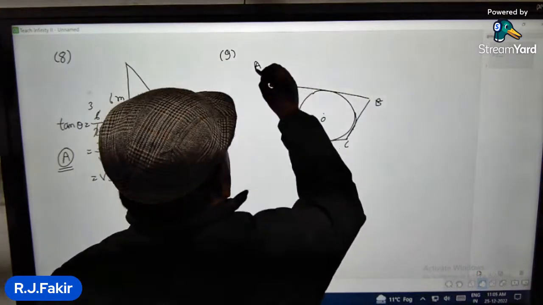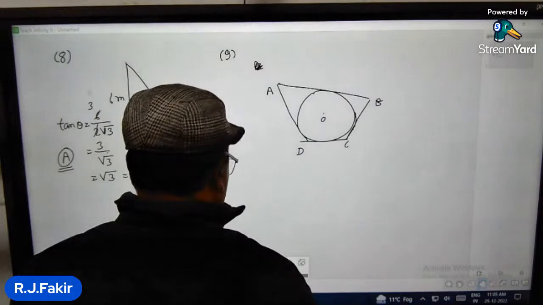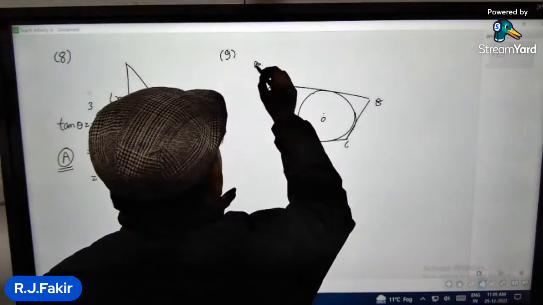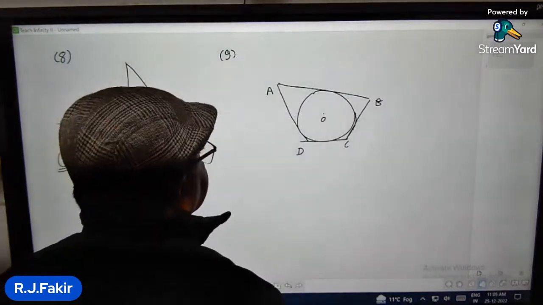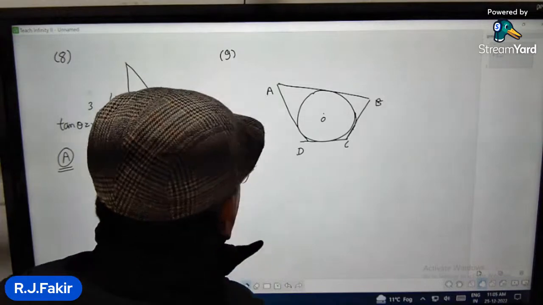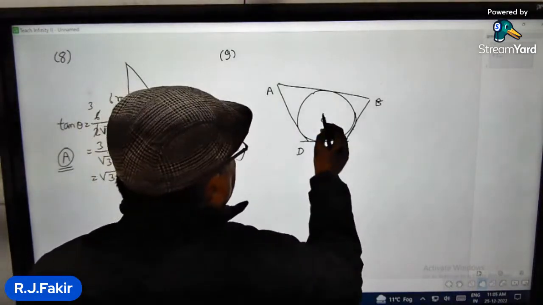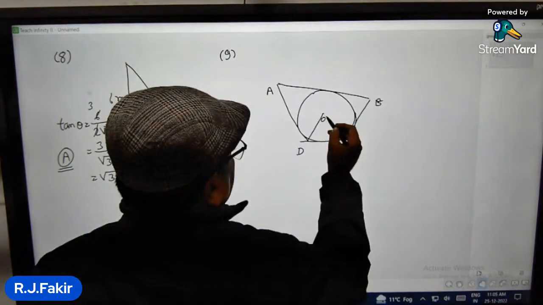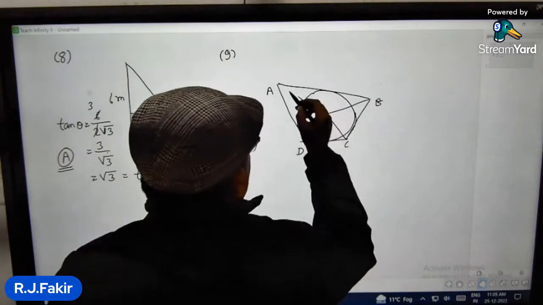And you know this one. Okay. Now all these are joined like this: D, C, B and A.